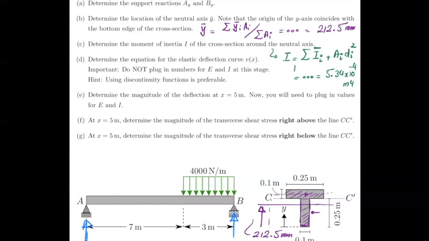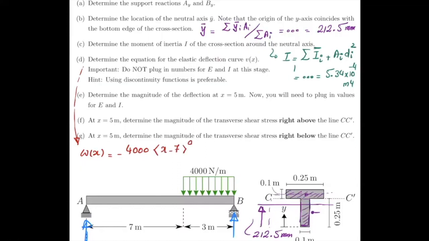Now, the next thing we want to do is to calculate the deflection. So if you remember, I'm going to use these discontinuity functions, but then again, it's more like a luxury. So for part D, I'm going to use a discontinuity function. And then the distributed load, if you write it using the McCauley brackets, it would look like this. It's minus 4,000 times x minus 7 to the power 0.